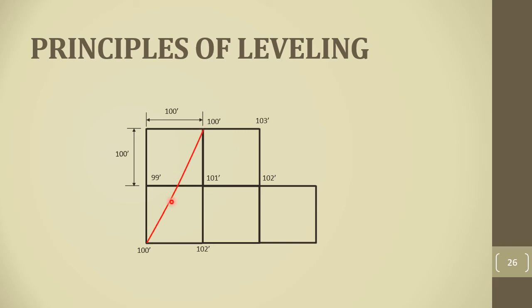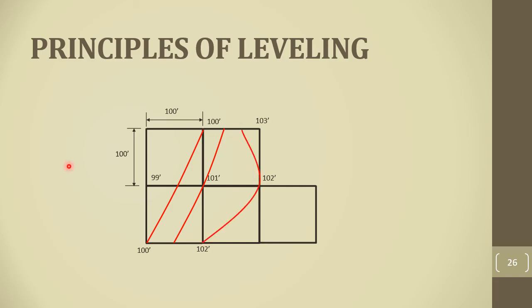So that would be the 100-foot line. 101 might be halfway between 100 and 102, and only a third of the way between 100 and 103. So the 101 foot line might look like this. As you can see, 102 would go this way and look like this.